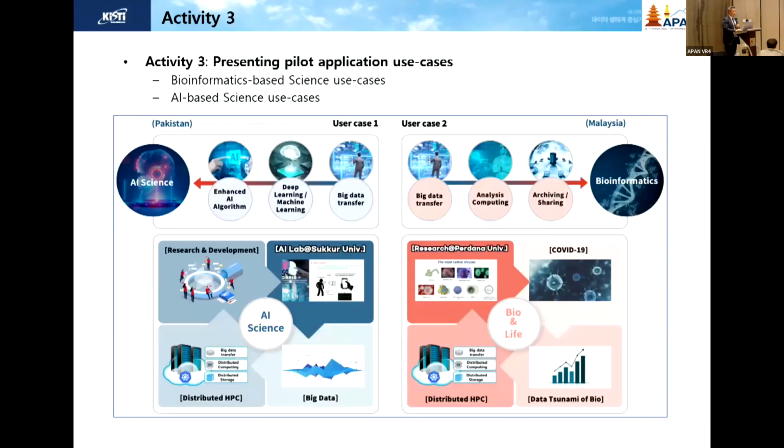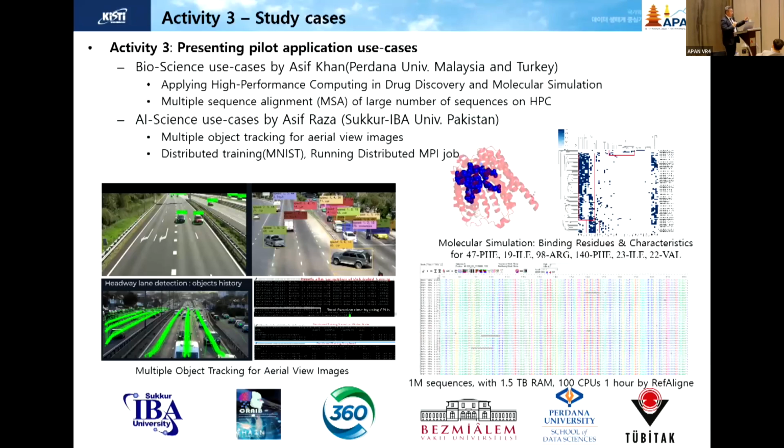This is activity three, which is presenting pilot application use cases. These are AI science and bioscience, targeting ASEAN beneficiaries in a high performance network environment, as shown in the figures. It will support high throughput science research and contribute to all of the third-party research topics now.